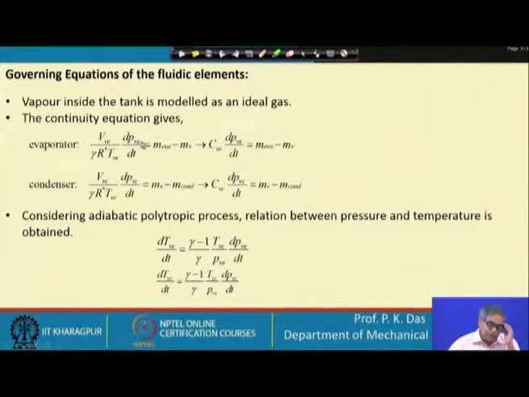Actually you see the subscripts are not very difficult to follow. VE, that is vapor in the evaporator.